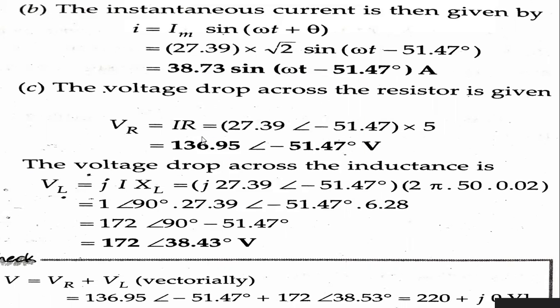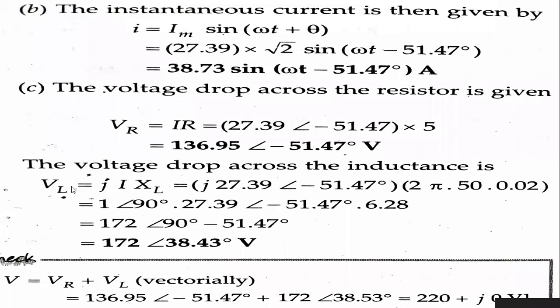VR is equal to IR. You know the formula very well. What is my I? That is the effective current 27.39 angle of minus 51.47. R is nothing but 5. Multiply these two magnitudes, that is 27.39 into 5. You will get 136.95 and angle of minus 51.47 degrees volt.